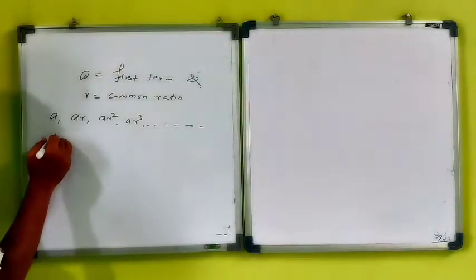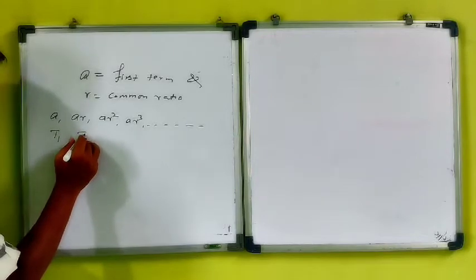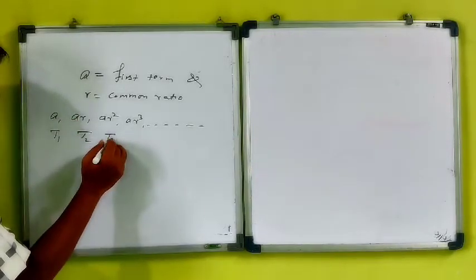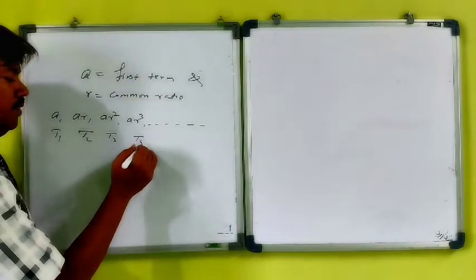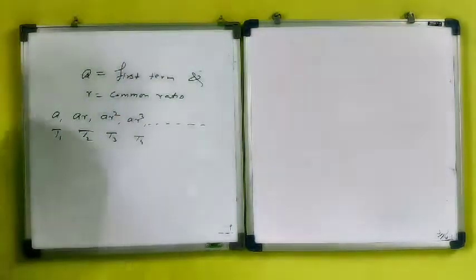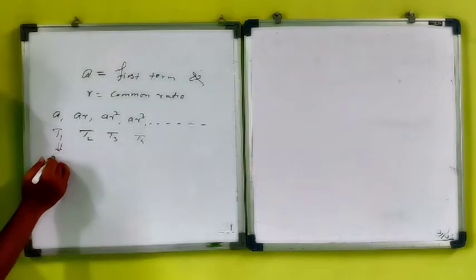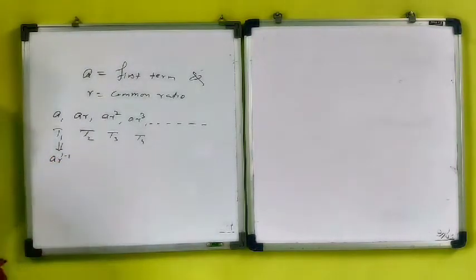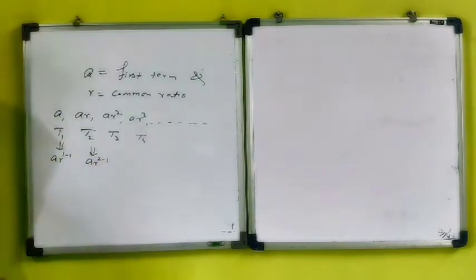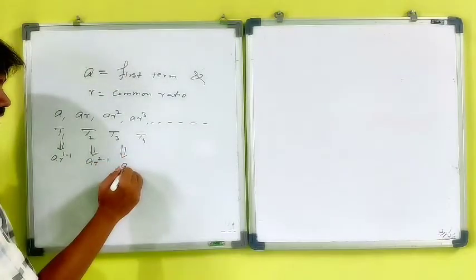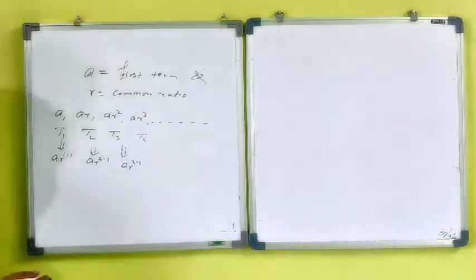That means the first term T1 is A, T2 is AR, T3 is AR square, T4 is AR cube. If you observe this, T1 is nothing but A R raised to 1 minus 1, T2 is A R raised to 2 minus 1, T3 is A R raised to 3 minus 1.